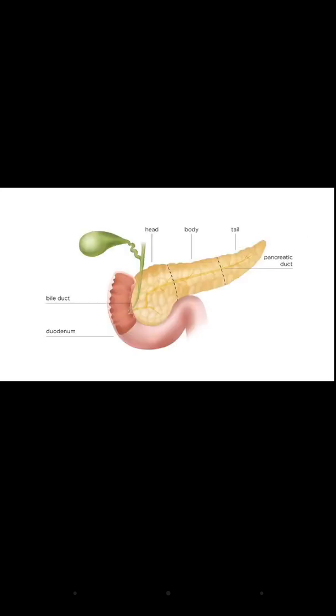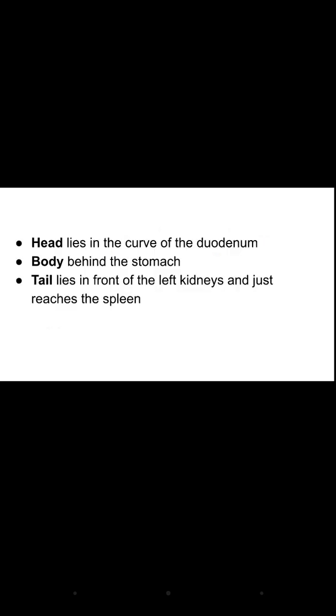In this diagram, you can see the pancreas, the head, the body, and the tail. The head lies in the curve of the duodenum. As I show in the image, the head lies in the curve of the duodenum. The body is behind the stomach, but the tail lies in front of the left kidney and just reaches the spleen.